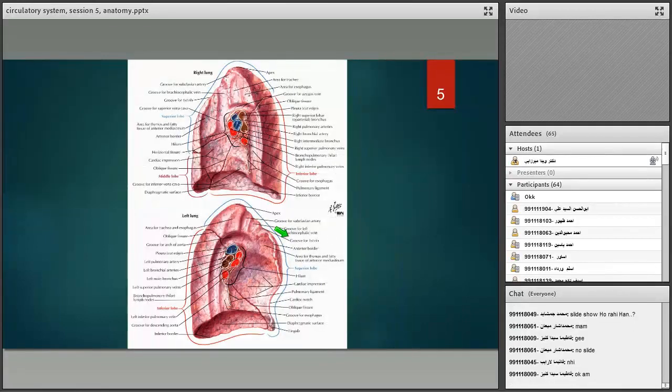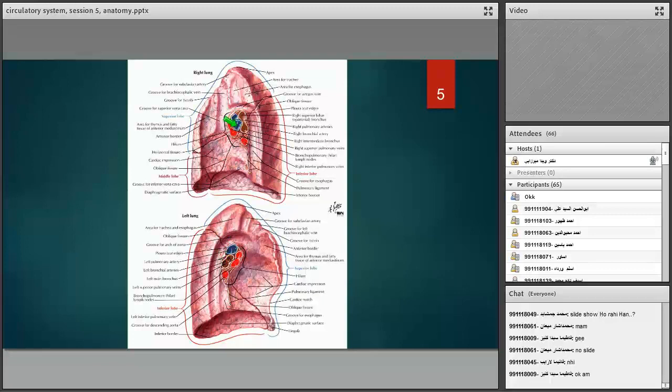So, here we can see the root of each lung, the right lung and the left lung. Look at here. Here we have the bronchus on both sides.